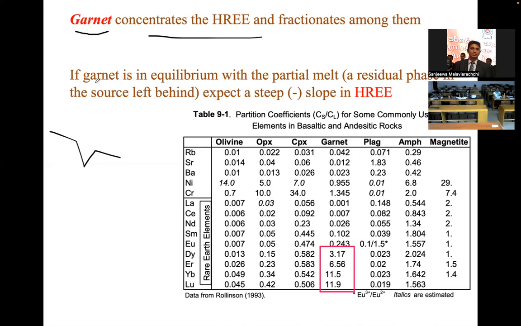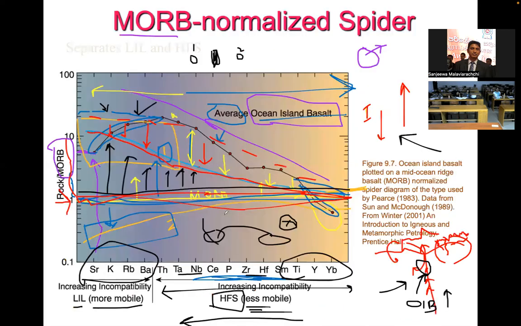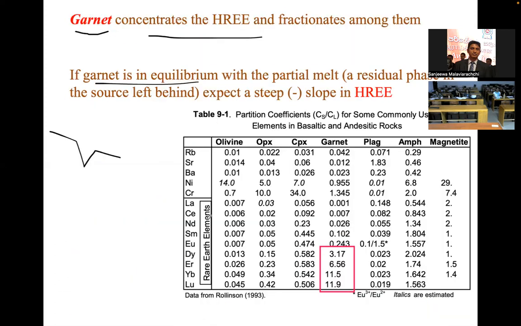So if the garnet is in equilibrium, as I mentioned before, whatever the two phases are, they should be in equilibrium. If garnet is in equilibrium with a partial melt, that means you have a residual portion, the solid portion remaining after the partial melting, while the melt has escaped.